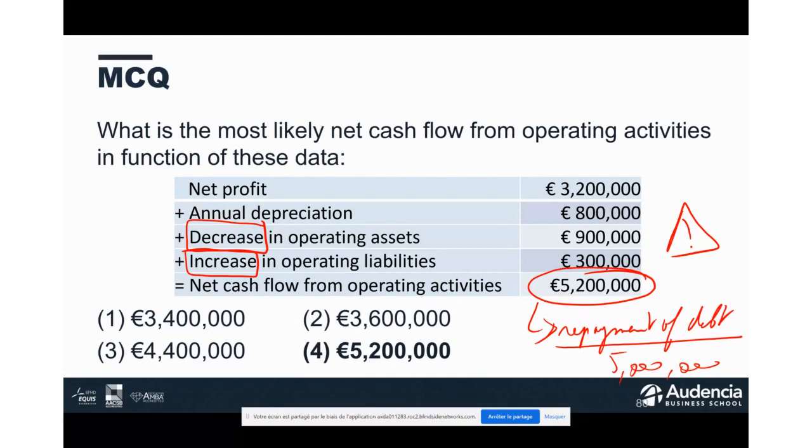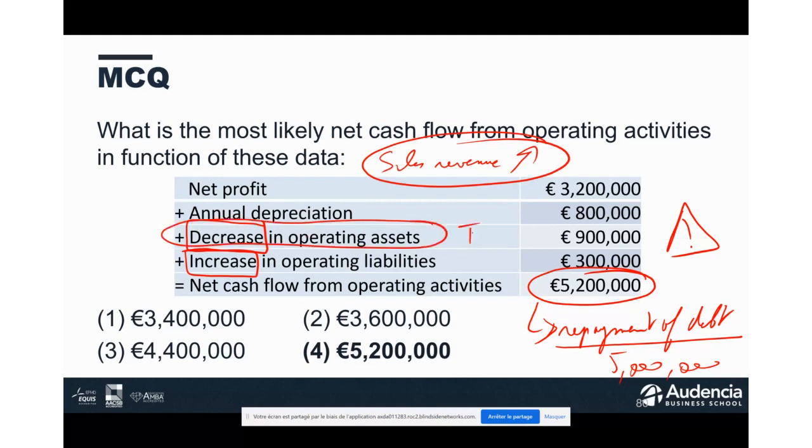But in this situation, we can have problems. Maybe it's a situation with an increase in sales revenue. So we are selling more than in the past, but we decrease the operating assets. So we are decreasing the inventories. If we decrease too much inventories, we can have problems in the future if we continue to increase the sales revenue. If you don't have any more inventories, how do you sell the goods the customers want?